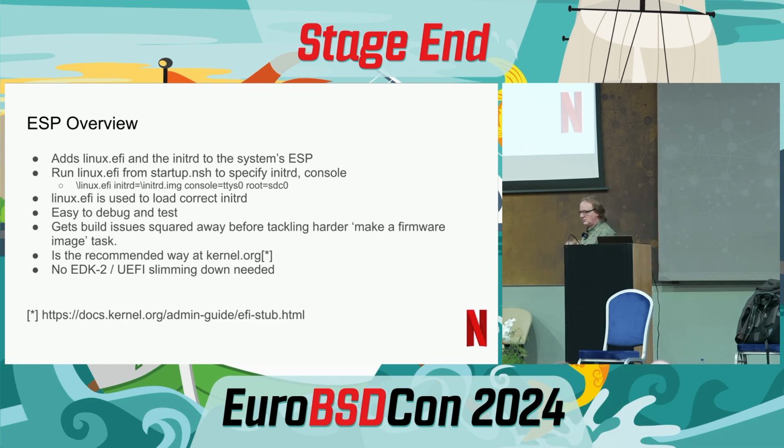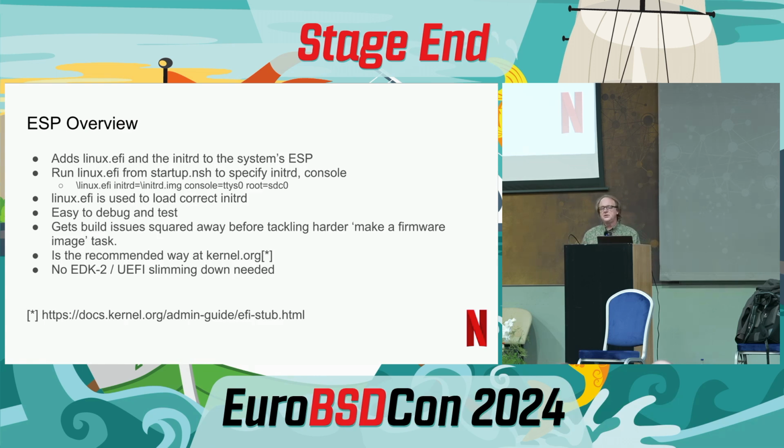Anyway, once Linux starts running, Linux has the ability to take the kernel and the UEFI bootloader and shove them together into one file. This is as if we took loader.efi and put the kernel on the end of it for the FreeBSD system. And this is the recommended way that kernel.org suggests that you run this. There's no EDK2 hacking, there's no UEFI slimming down needed.